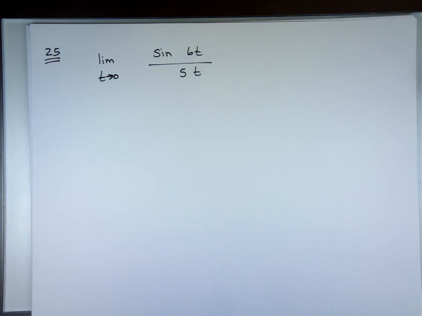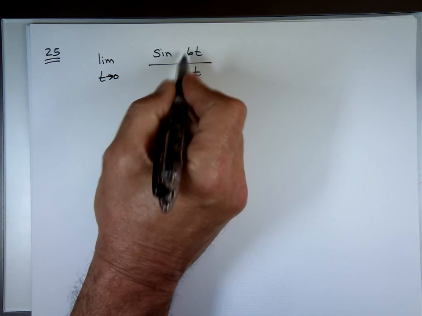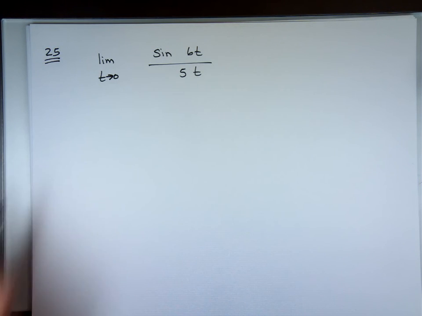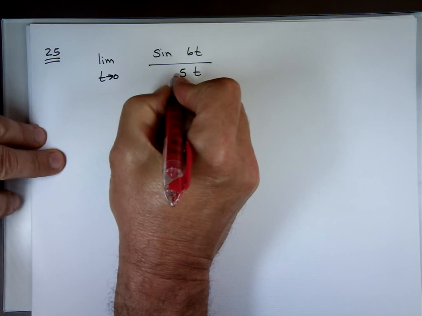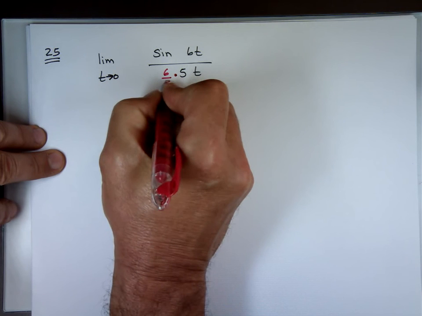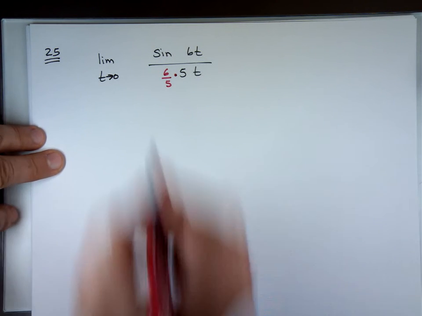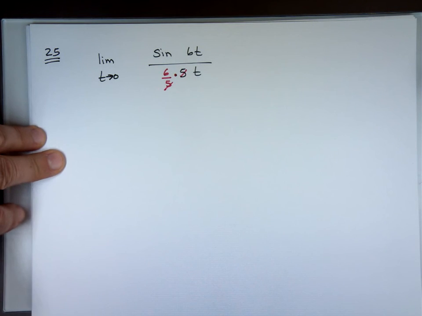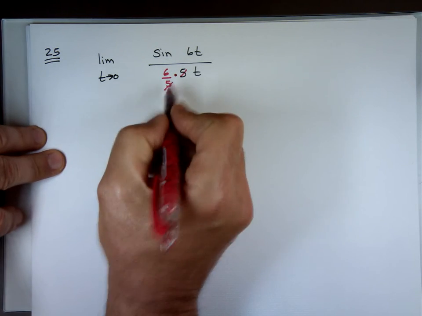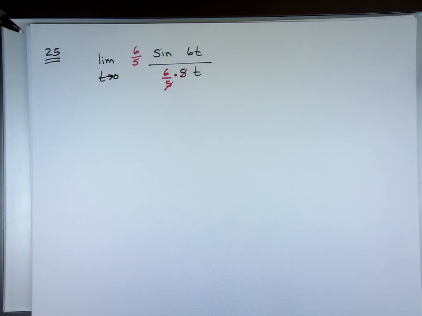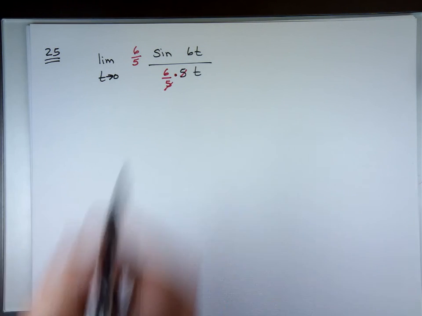You need to make this number match that one. 6, right? How do you turn the 5 into 6? Can I multiply the bottom here by 6 over 5? Would that make it a 6 if I do that? Because the 5s will cancel. So if you multiply the bottom by 6 over 5, you better multiply the top by 6 over 5. Because your job is to make sure these numbers are the same.